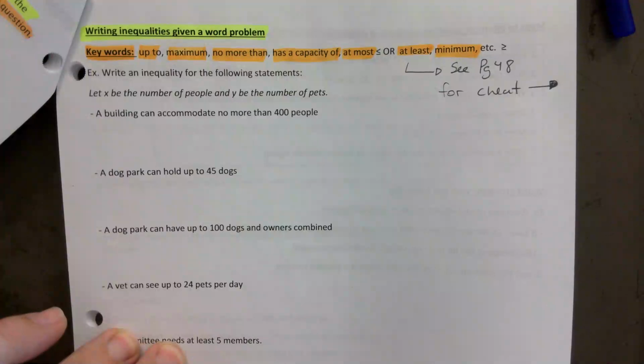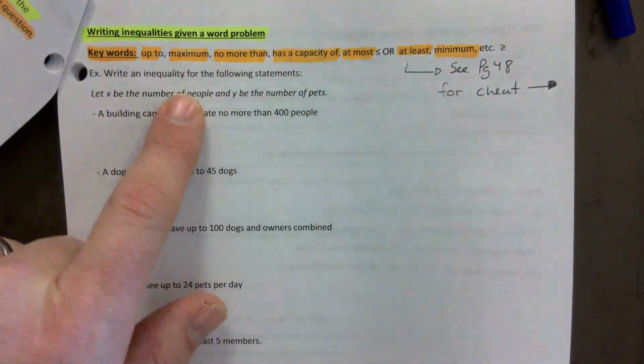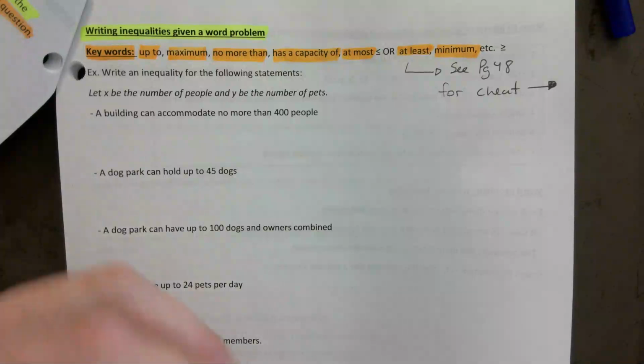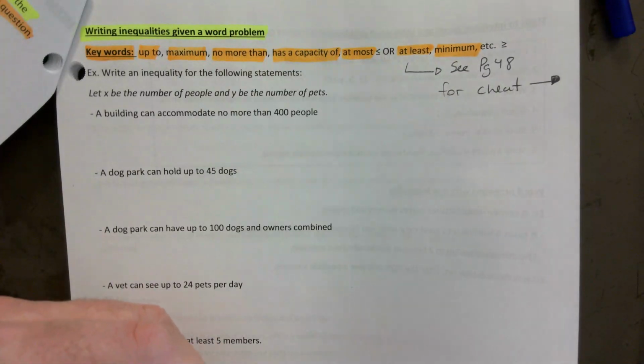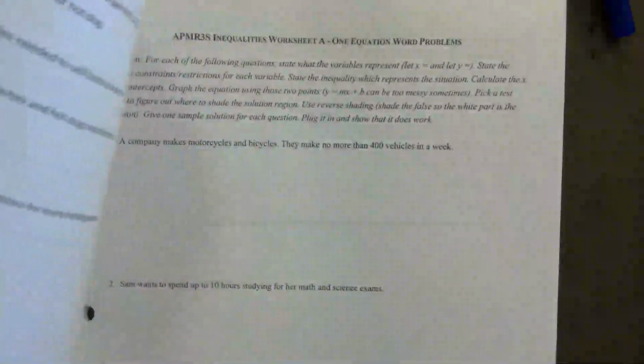Okay, so we're going to go to 48 to just clarify this a little bit. It's going to help you to know for sure which way my inequality is going to face, because that is always a bit of a challenge. So 48 should be a blank one.